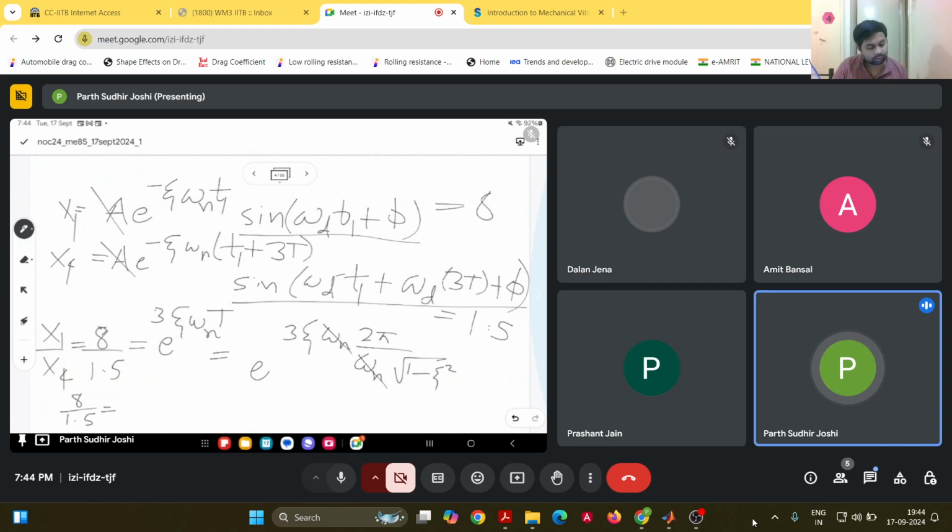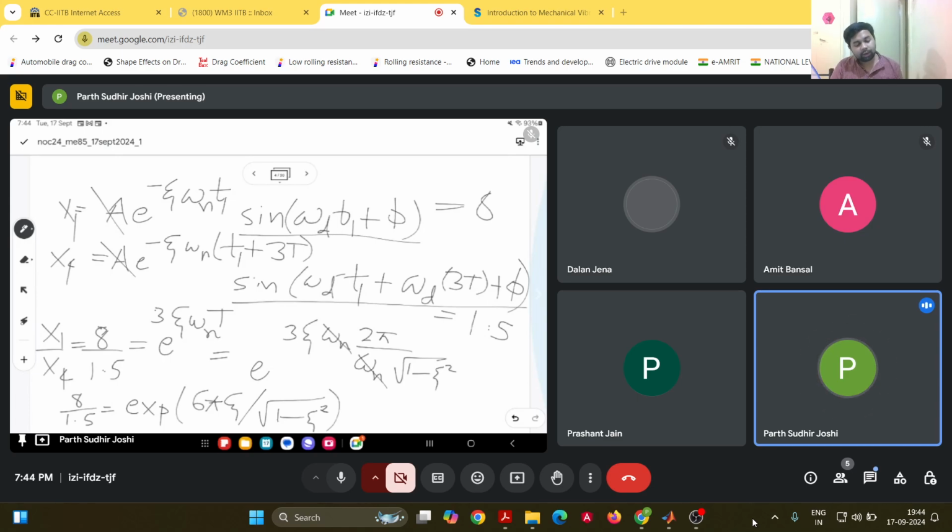So it will be basically 6 pi zeta, sorry, so exponential, or e to the power 6 pi zeta by root of 1 minus zeta square.